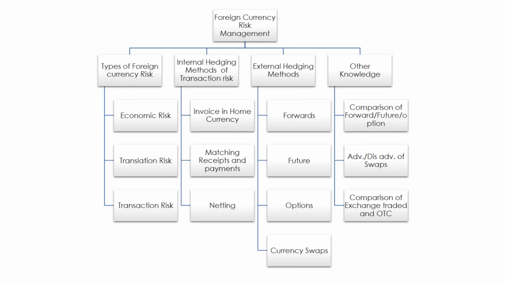This topic includes types of foreign currency risk: economic risk, translation risk, and transaction risk. You should know the difference between the economic risk, translation risk, and transaction risk. Examiner often asks the economic risk, and may ask the translation risk as well.